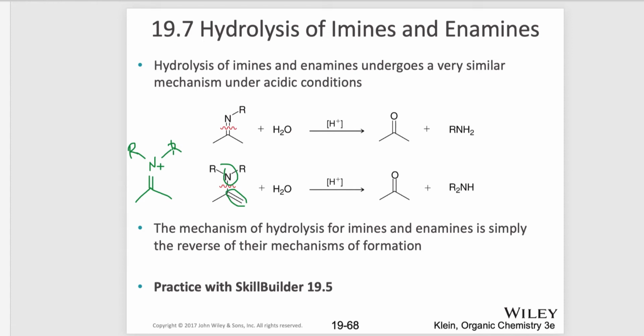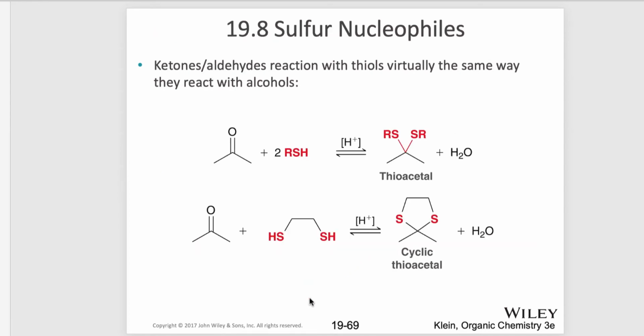And if I now think about, oh yeah, the enamine comes from this bonding pattern here, I do the same thing as up here. And now I see, yeah, that's just going to reveal a carbonyl group. I know that. And here as well, it's simply the reverse of their mechanisms of formation. And you can practice this also with Skill Builder.